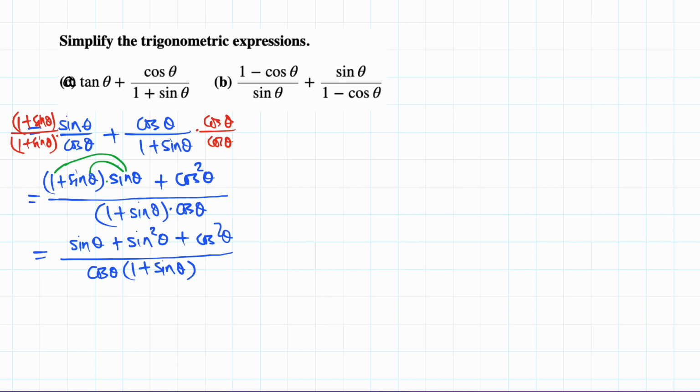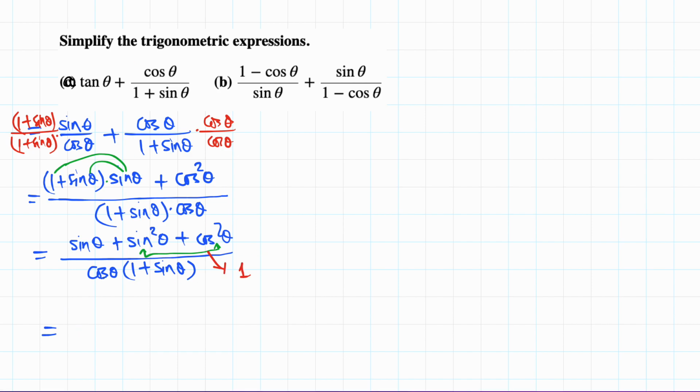If you look closely at the top, what is this collectively? Sine square theta plus cosine square theta. That is the first Pythagorean identity. Sine square theta plus cosine square of the same angle theta is 1. Collectively this is 1.